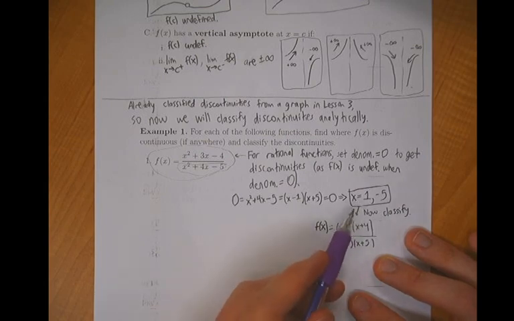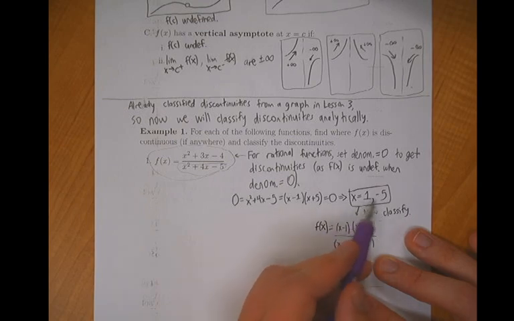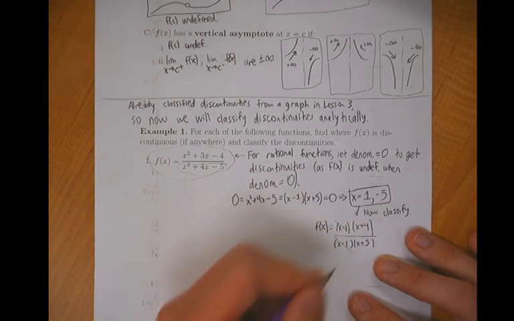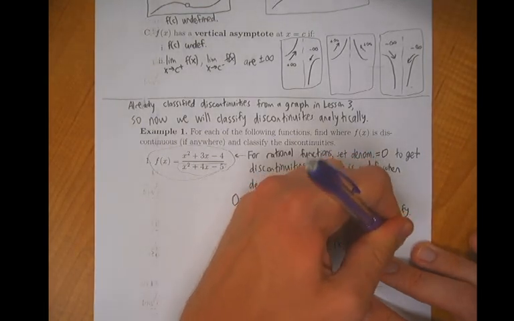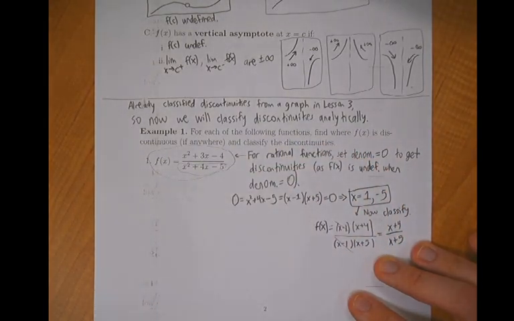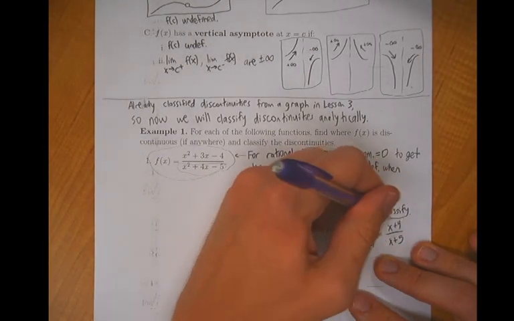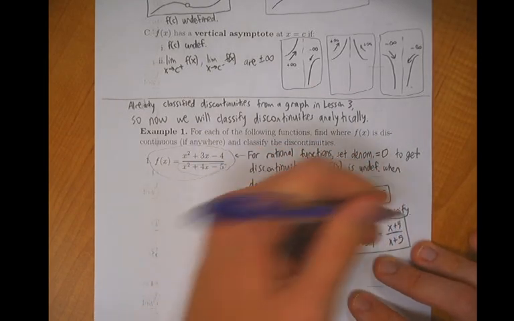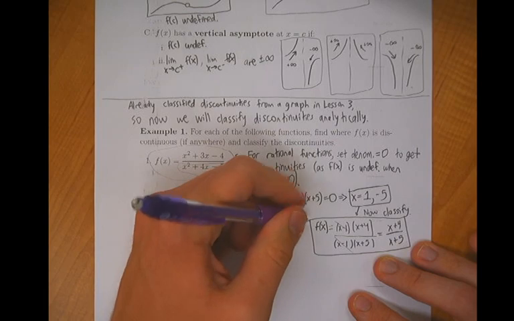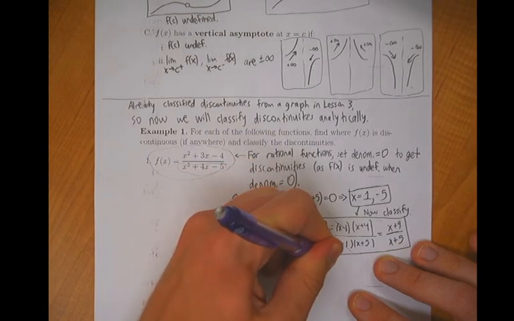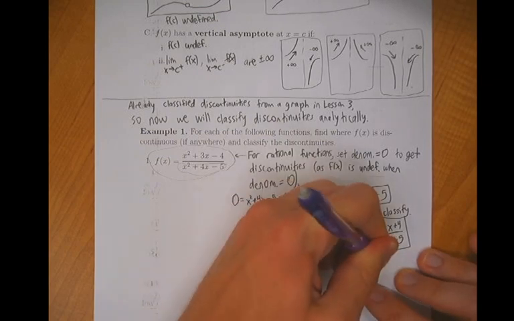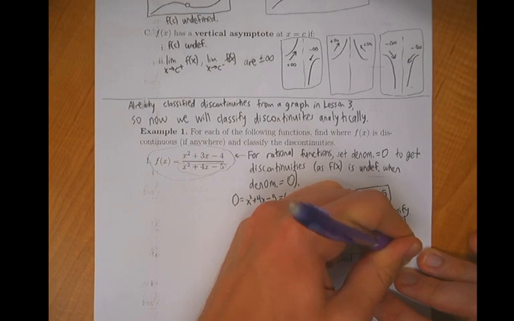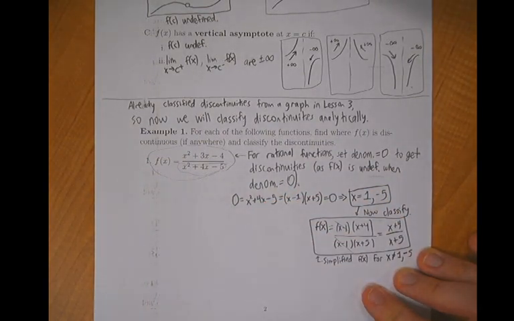So now as long as x is in our domain of f of x, specifically as long as it's not 1 or -5, we can safely cancel out our x minus 1 factors. So we end up with x plus 4 over x plus 5. So this is our simplified f of x for x not equal to 1 or -5. Okay?